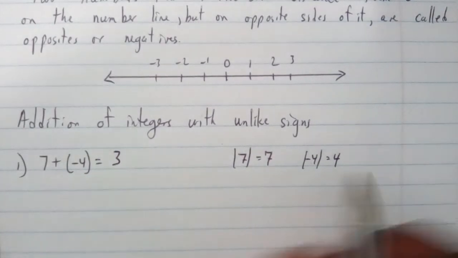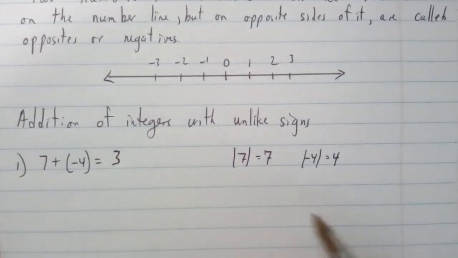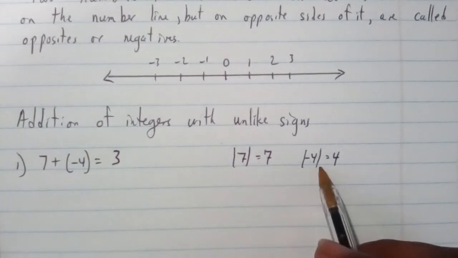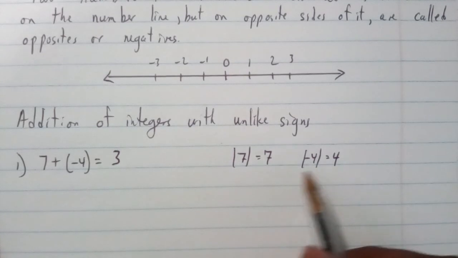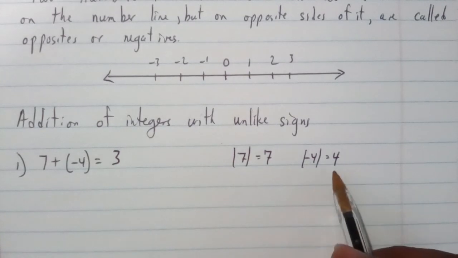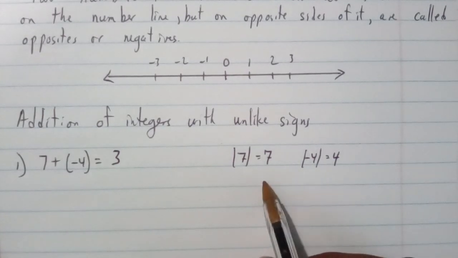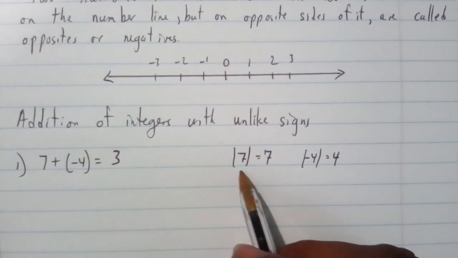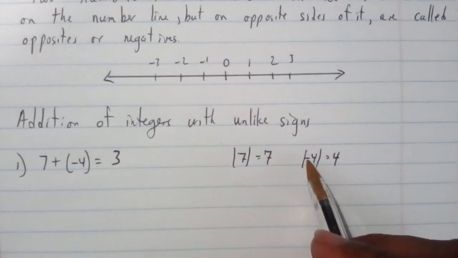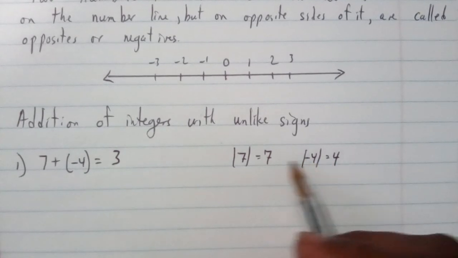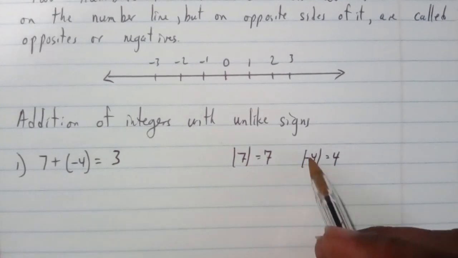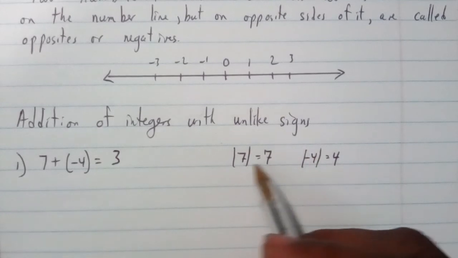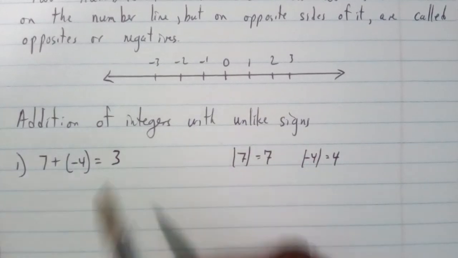So in other words, what we do when they have different signs is determine their absolute values, and then simply subtract the smallest from the largest. Then, having established that difference, we look at their signs before we did the absolute value. This was positive 7, this was negative 4. Who's larger? 7. So therefore we keep that sign there.